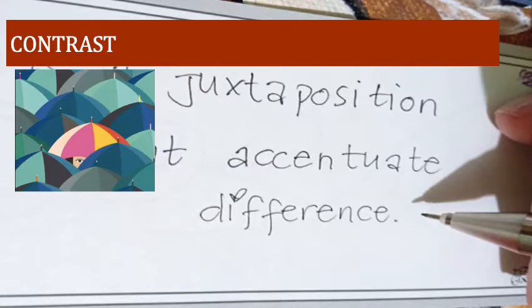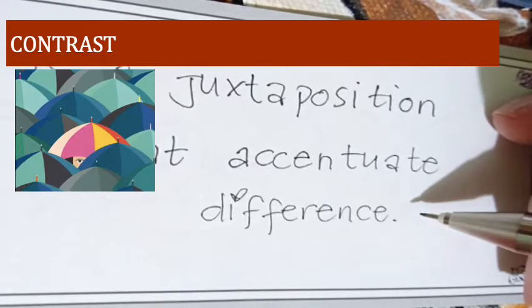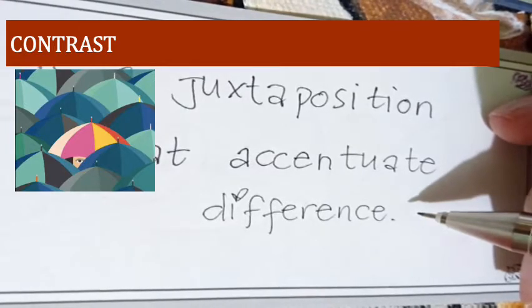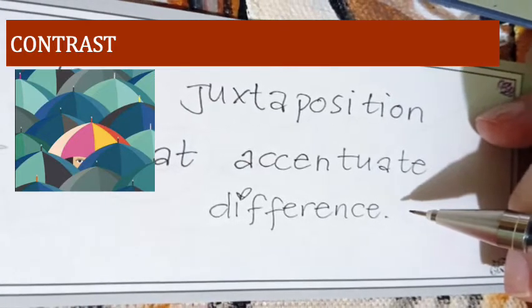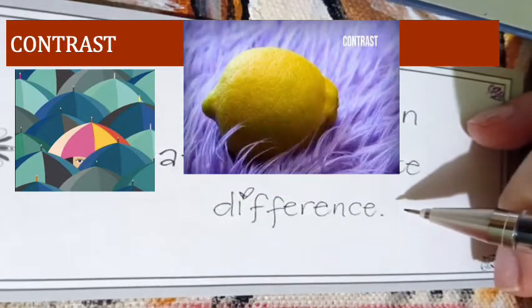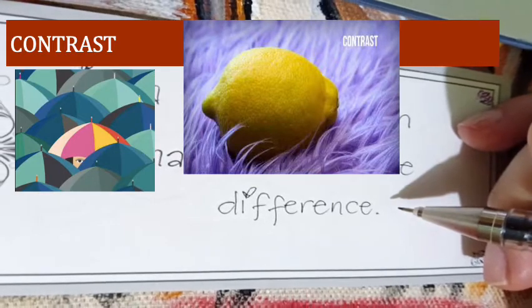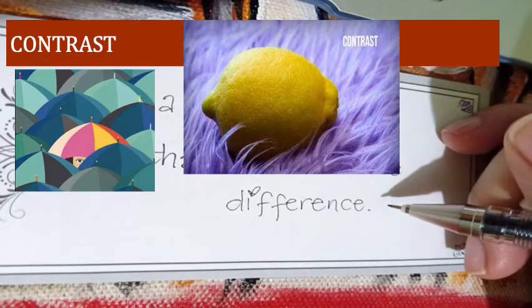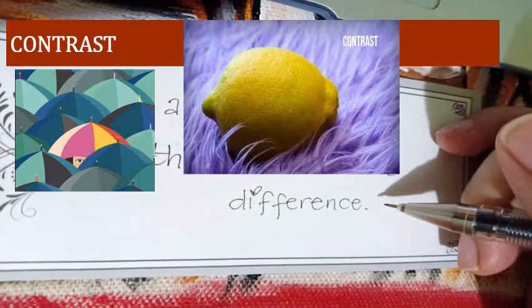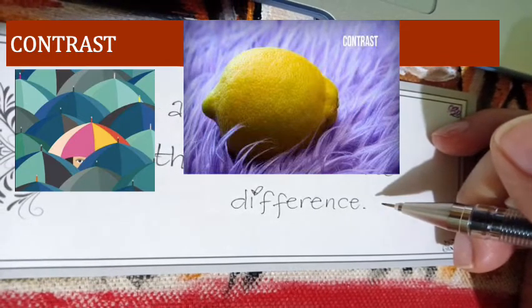So you can use color to contrast between two objects, and you can also use other things. Here we have lemon against fabrics, so contrasting between the lemon and the fabrics.